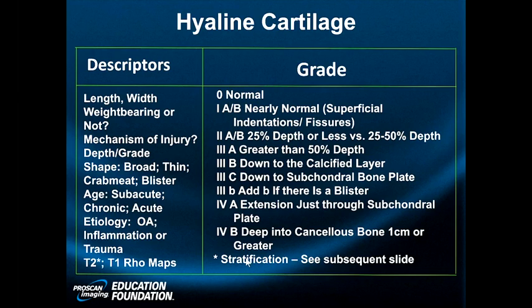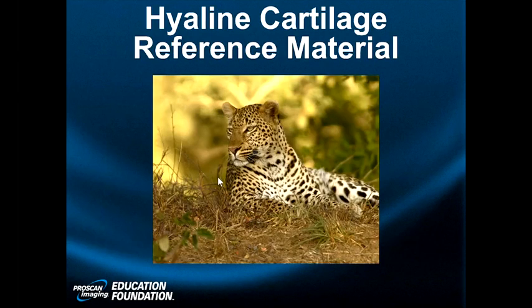Is it broad? Is it thin? Is it crab meat? Is it a blister? Can I give it an age? Does the patient have OA? Do they have spurs? Is there synovitis and inflammation? Is there a known history of trauma? And what pulsing sequences am I going to use to locate it?